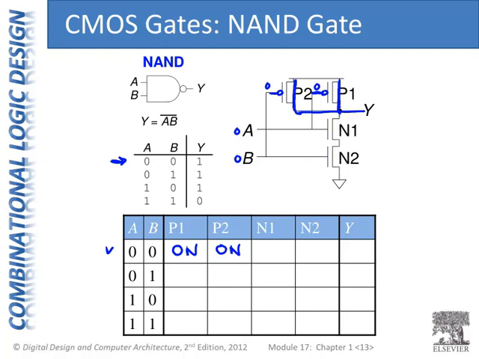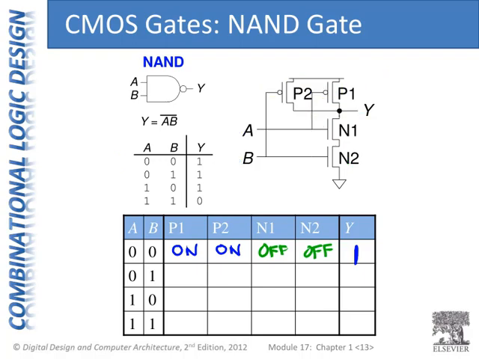But we look at this and we say, okay, N1 has a 0 on its gate. Yep, and NMOS turns off, not connected, with a 0 on its gate. N2 also has a 0 on its gate, also is off. There's no connection between Y and ground, and Y is in fact pulled high by the PMOS network. Here, that's the VDD symbol up there at the top.